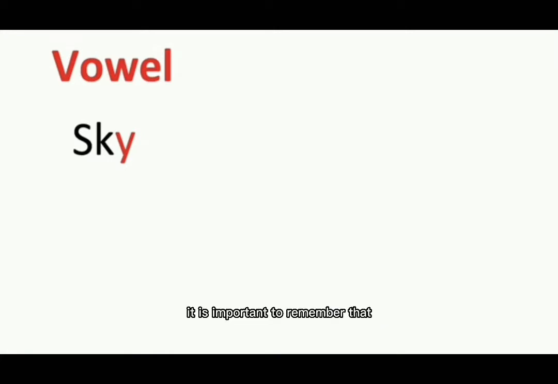It's important to remember that the letter Y is a vowel when there are no other vowels in the word. So as we can see here, the letter S is a consonant, the letter K is a consonant, and the letter Y is a vowel. There are no other vowels in the word.